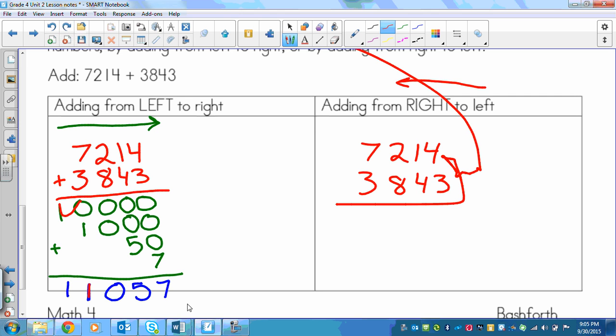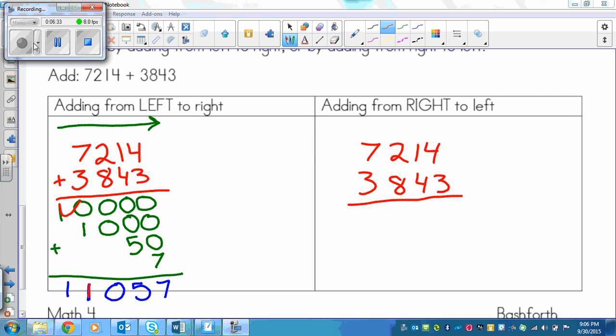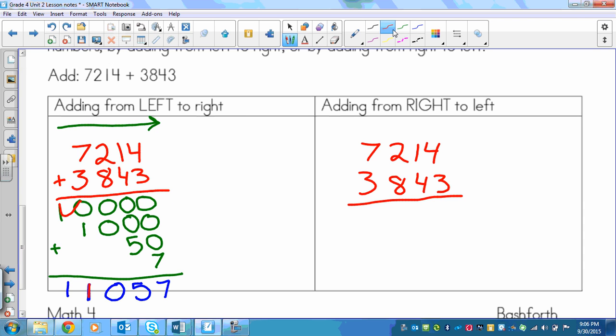All right, all fixed. So we're adding from right to left now. So this direction again. And put our plus sign here.